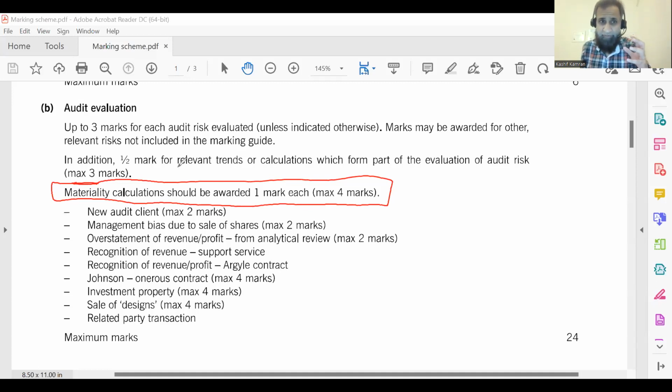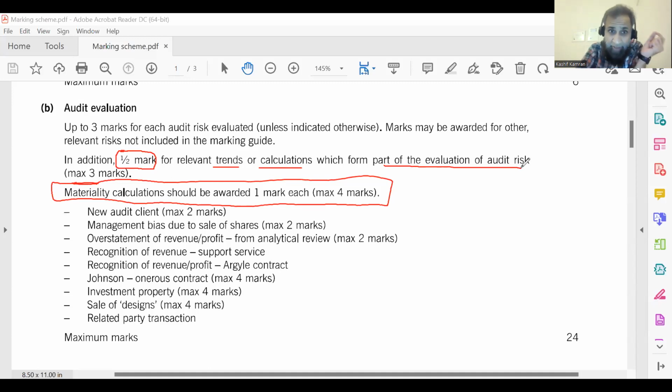Will I get an extra half a mark? See this, extra half a mark for any relevant trend or for any relevant calculation which forms part of the answer. So did I find the 13.3% increase in the fair value, a relevant trend?